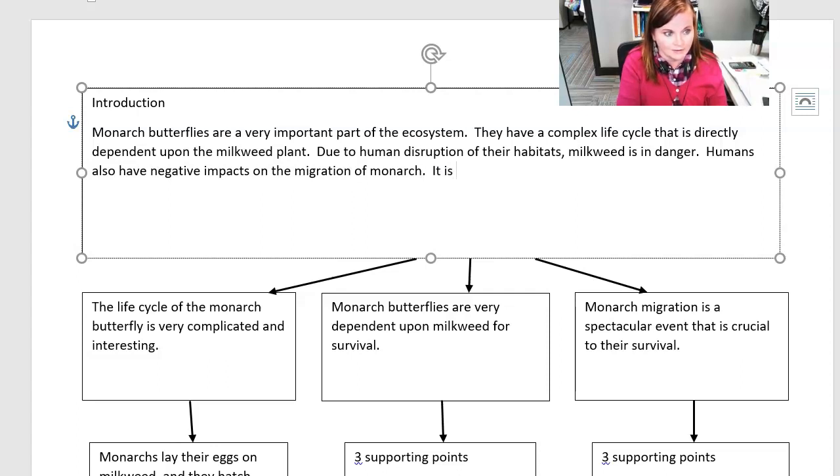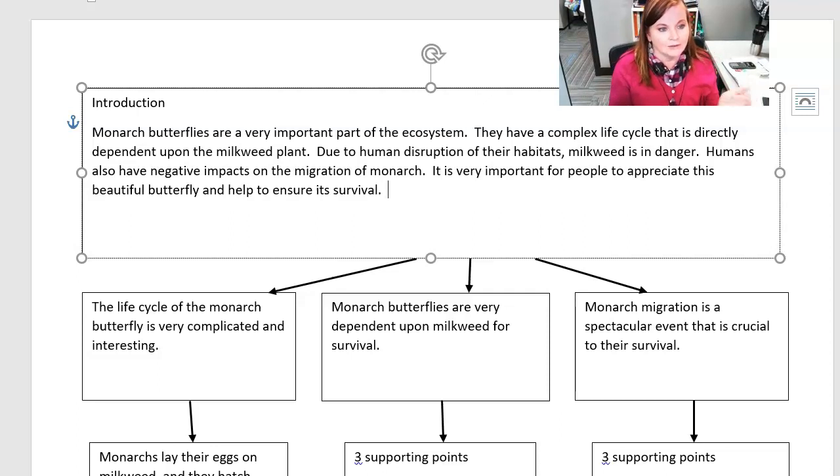So it is very important for people to appreciate this beautiful butterfly and help to ensure its survival.